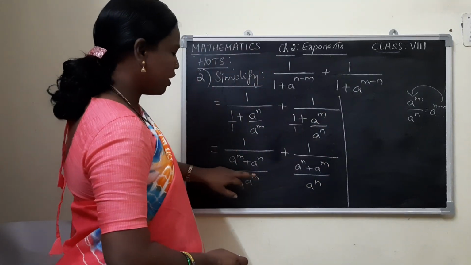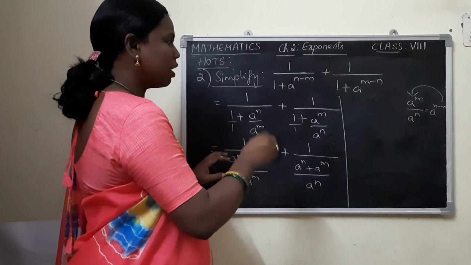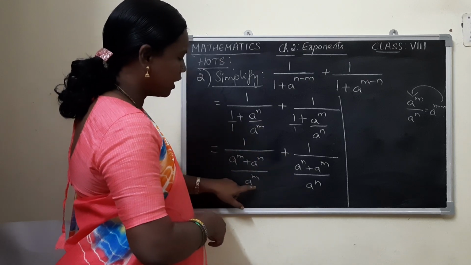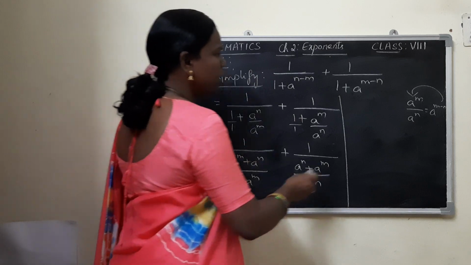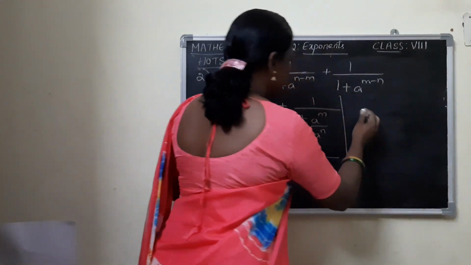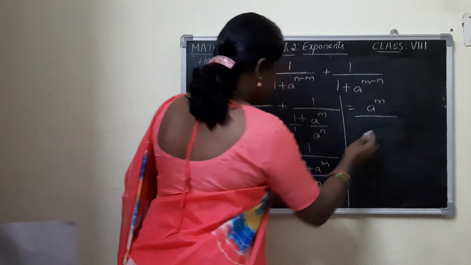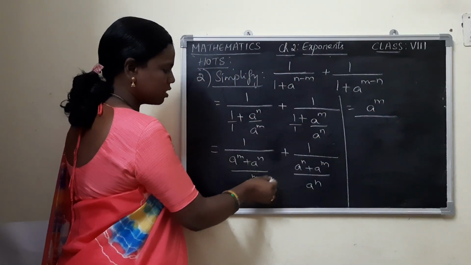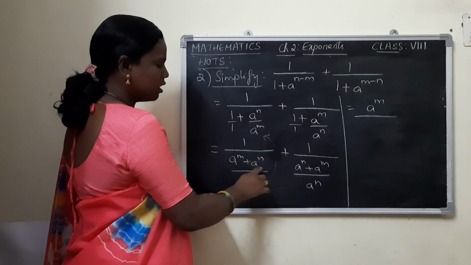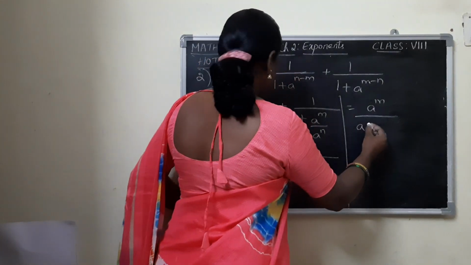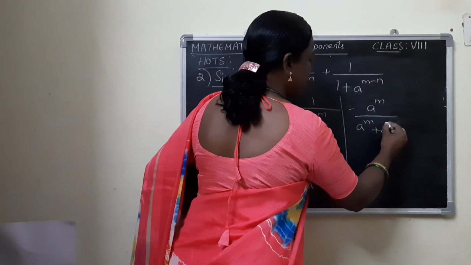That is, if I rewrite it like 1 upon something, this denominator will go and become the numerator. So this law we have used. So this will become a power m. This has gone to the numerator, this has shifted here, and this remains as it is: a power m plus a power n.